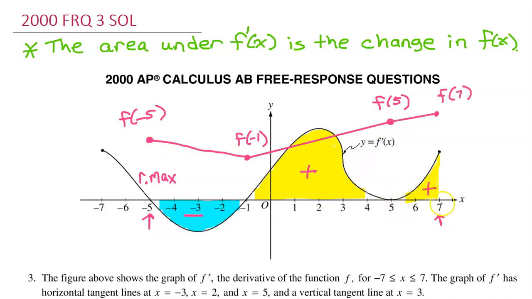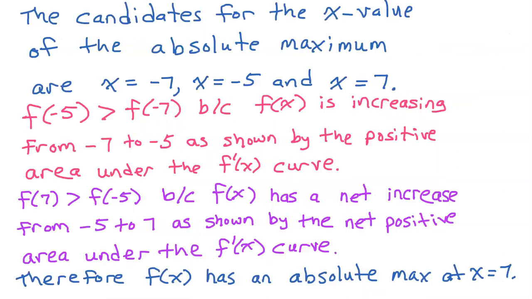From 5 to 7, there is another positive area under the f prime curve. That tells us that f of x will continue to increase from 5 to 7. So f at 7 will be greater than f at 5 and f at -5.